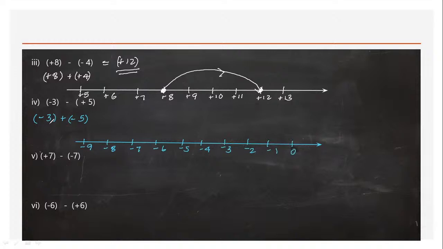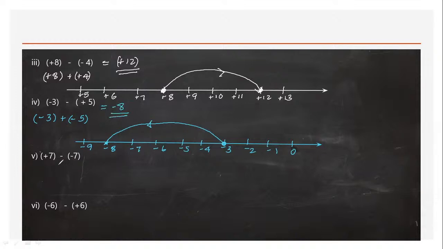Then first look at the number minus 3. Where is that? It is over here, minus 3. And plus minus 5 means towards the left-hand side, the minus direction, 5 places: 1, 2, 3, 4, 5. Then to here, right? So we can write the value here, minus 8.